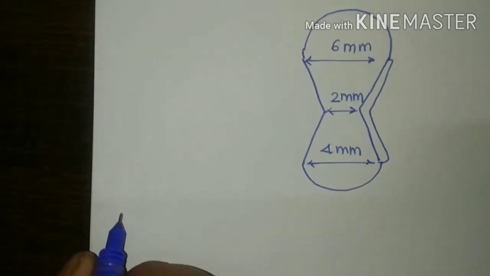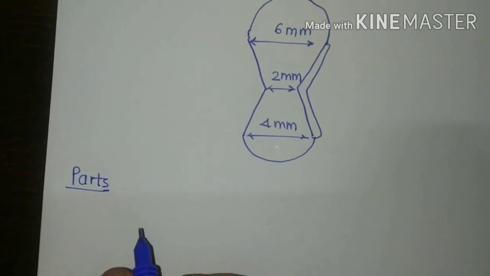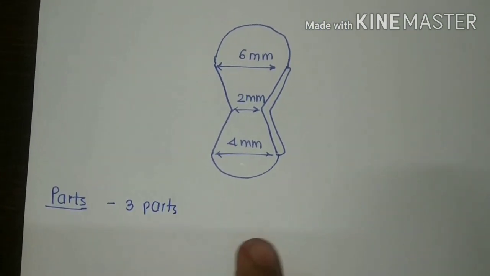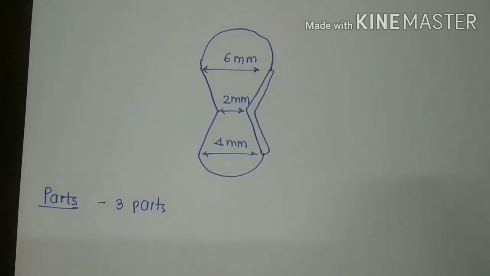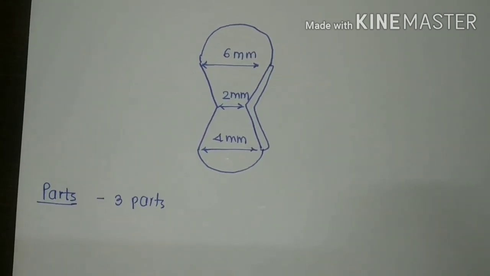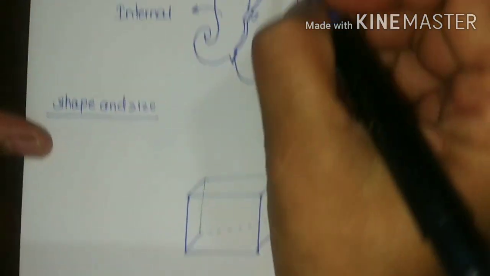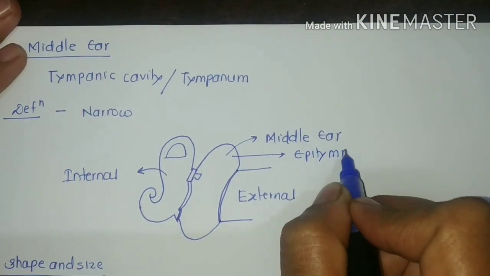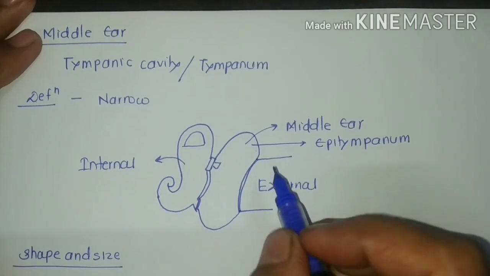Now coming to the parts of the middle ear cavity. The middle ear cavity is subdivided into 3 parts: the epitympanum or epitympanic recess, the mesotympanum or tympanic cavity proper, and the hypotympanum. The epitympanum or epitympanic recess lies above the level of the tympanic membrane.